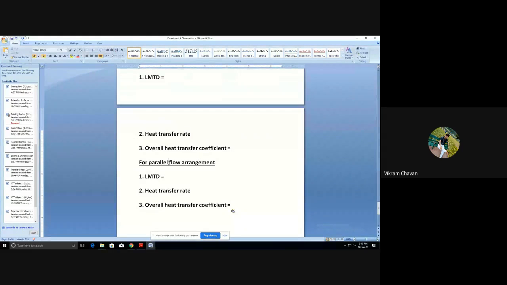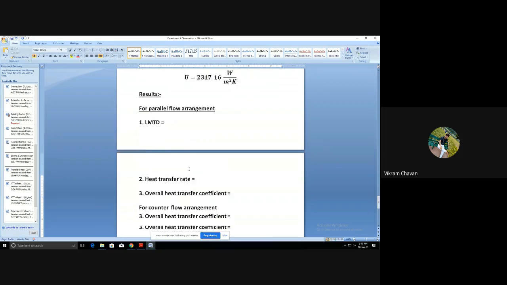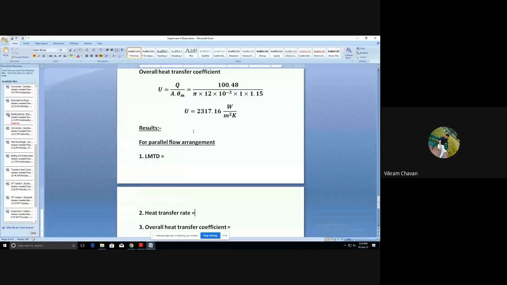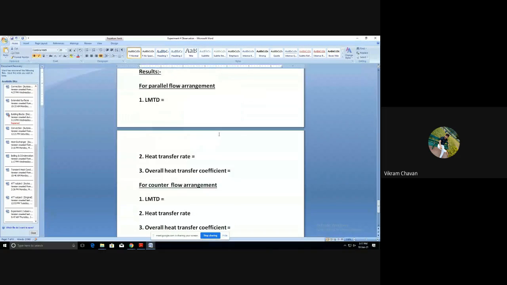For counter flow, the values we have calculated, just those values we require in the result format. So that will be your final answers. I will put up here the U value for counter flow.